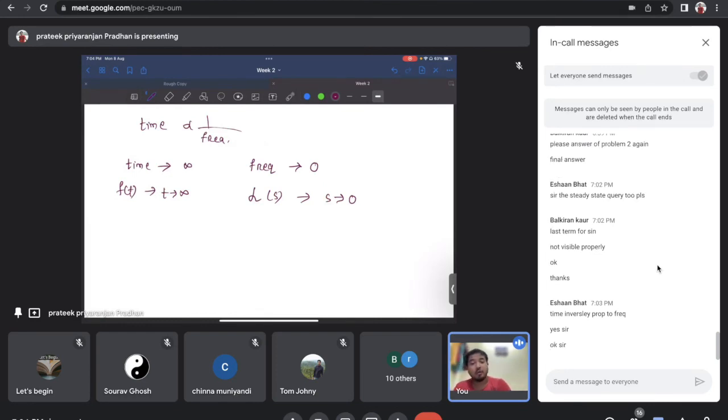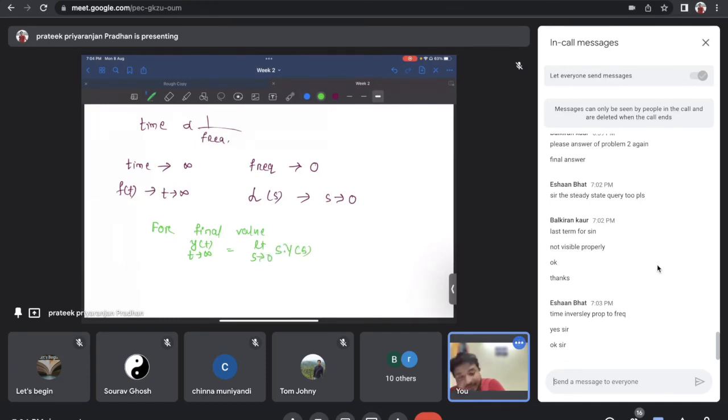Okay. So whenever the problem says find the steady state value or the final value, these are the same thing: steady state value, final response. Then what you need to do, for the final value, is: as t tends to infinity, y of t is equal to the limit as s tends to 0 of s times Y of s.